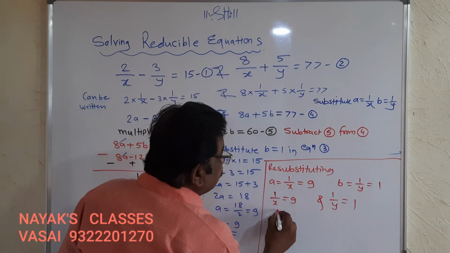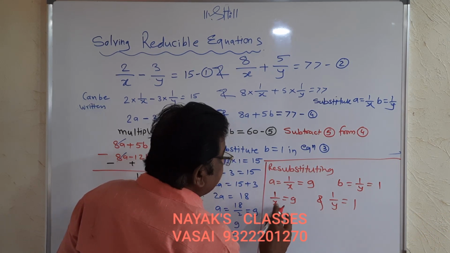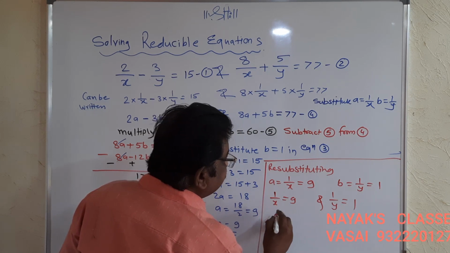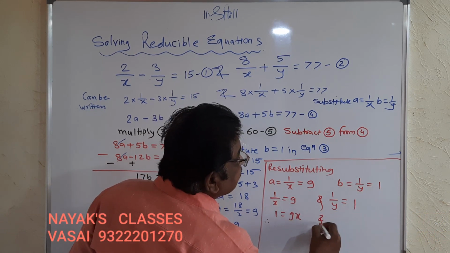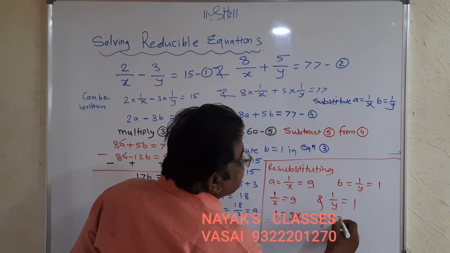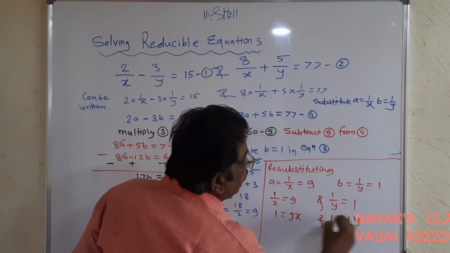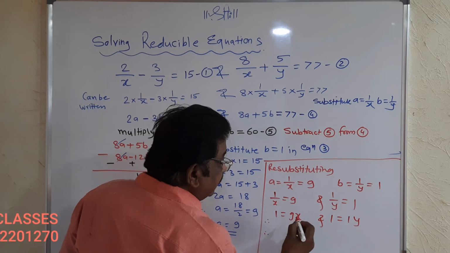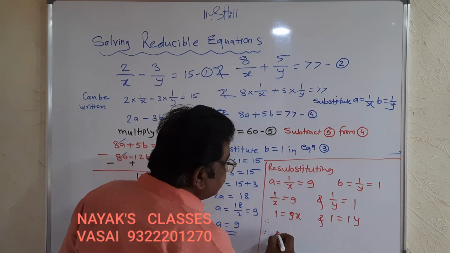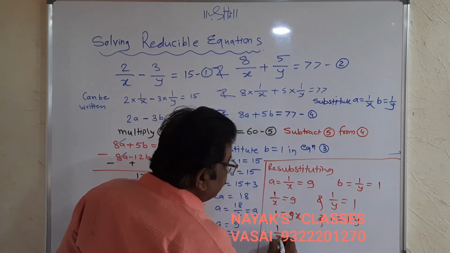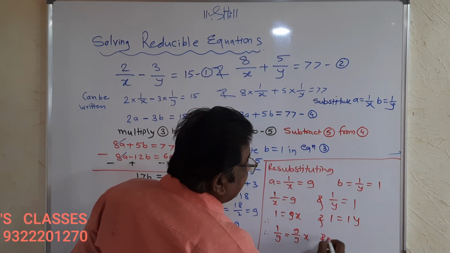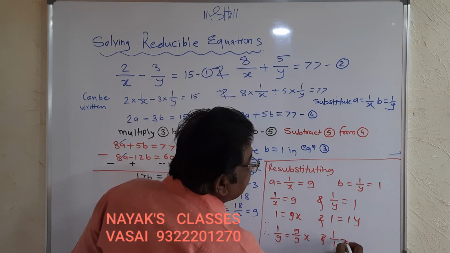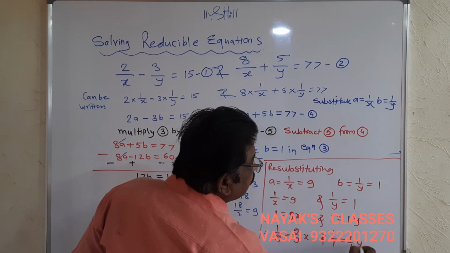Therefore, 1 is equal to 9x and 1 is equal to 1y. Dividing both sides by 9, 1 upon 9 is equal to 9 upon 9 into x, and 1 upon 1 is equal to 1 upon 1 into y.